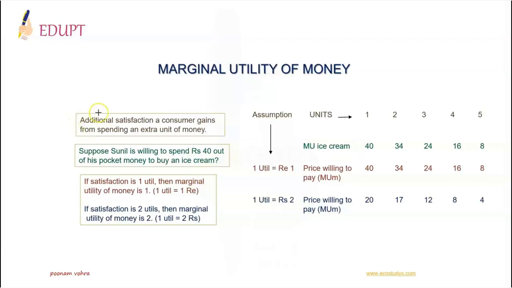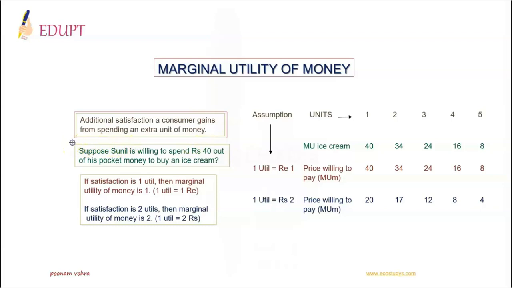Since marginal utility is in terms of utils, it needs to be expressed in terms of money in order to facilitate comparison. So, marginal utility of money is the additional satisfaction a consumer gets from spending an extra unit of money. Let's have a look at this numerical example.